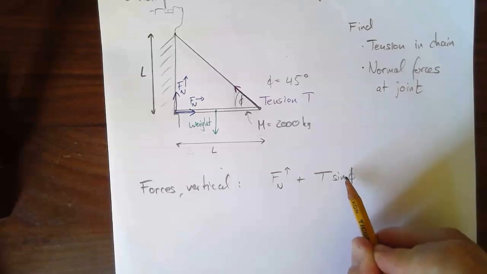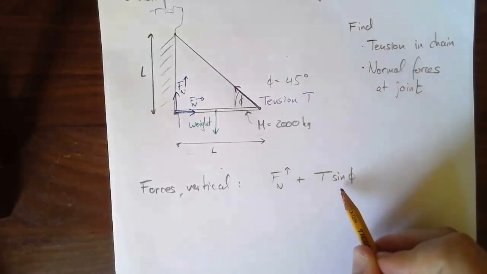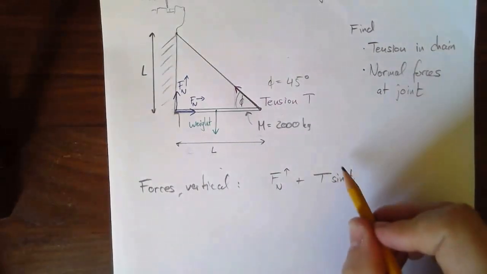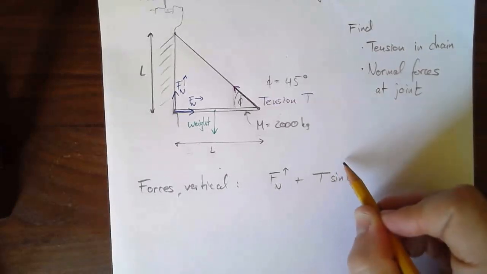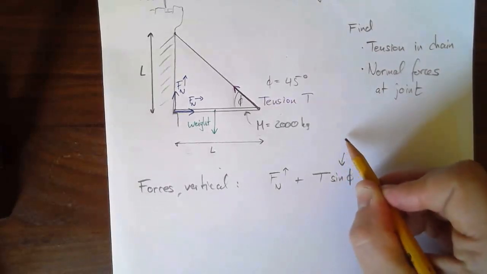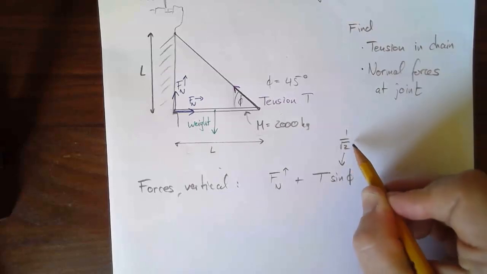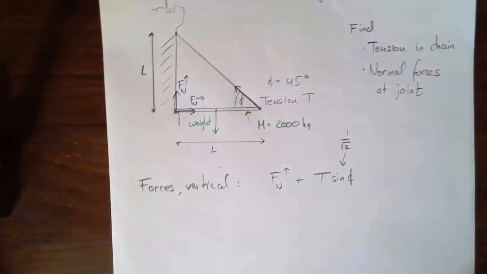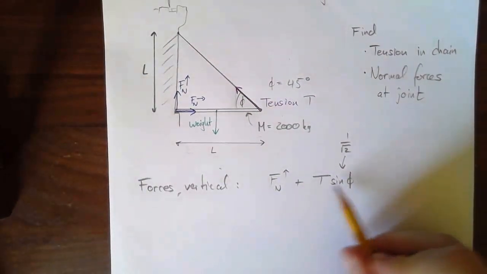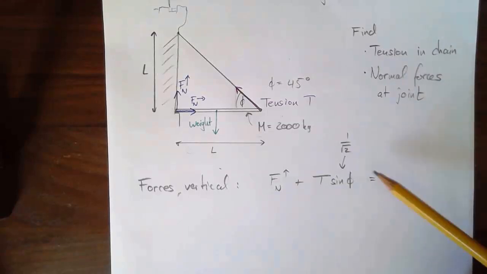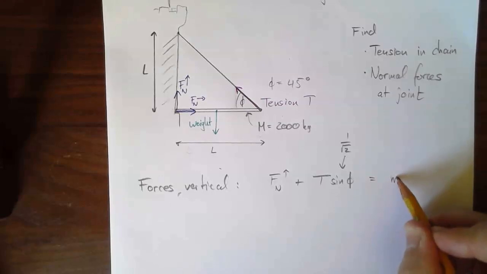Now, I of course know that phi is 45 degrees, so the sine of phi is 1 over the square root of 2. And then that's equal to the force down, the weight, mg.